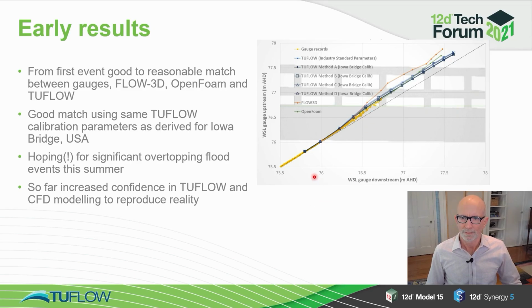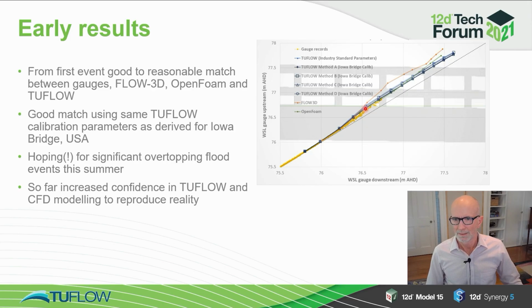We've also been testing a range of TUFLOW methods. The TUFLOW standard that's been used is coming in along this line here. Of interest is that we did a similar calibration exercise on the Iowa Bridge in Iowa, USA, and we've just taken those parameters and applied them here. That's the darker lines, using a couple of different methods.